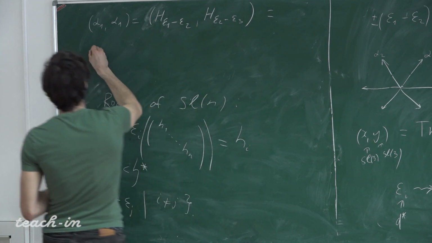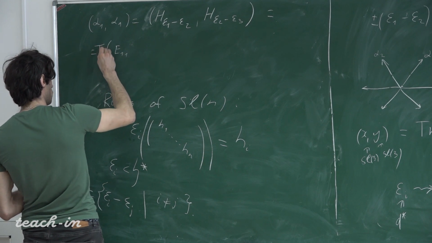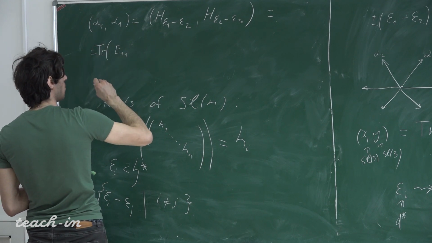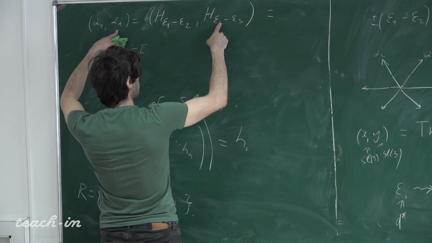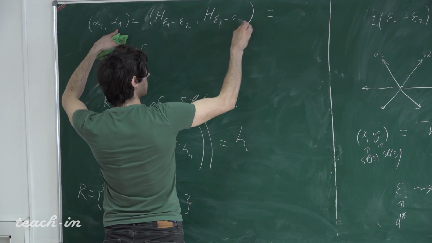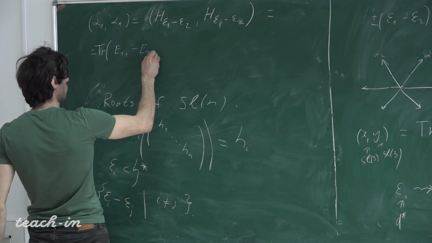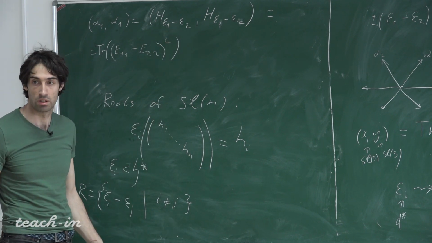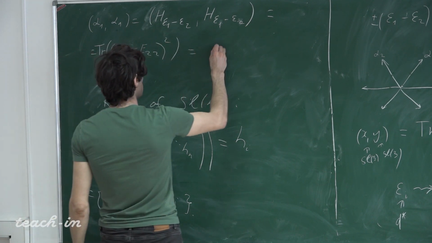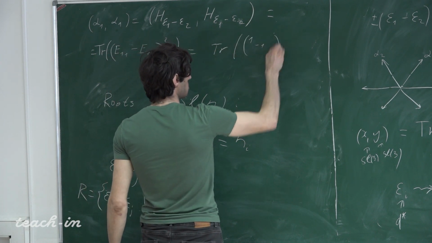So these are E_11 minus E_22, and I have to compute the trace of this thing squared. It's the trace of 1, negative 1, 0 squared.